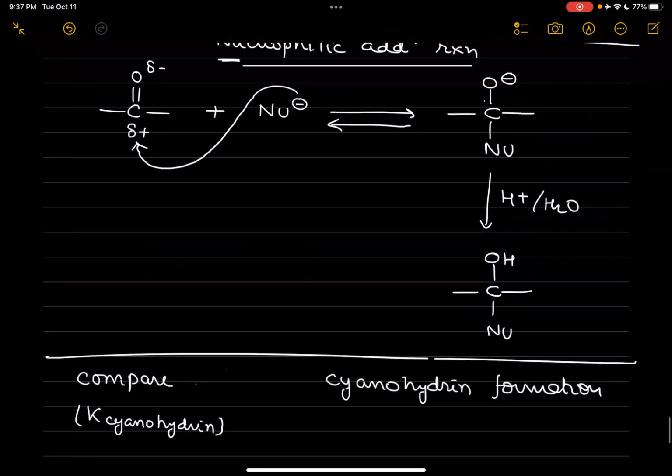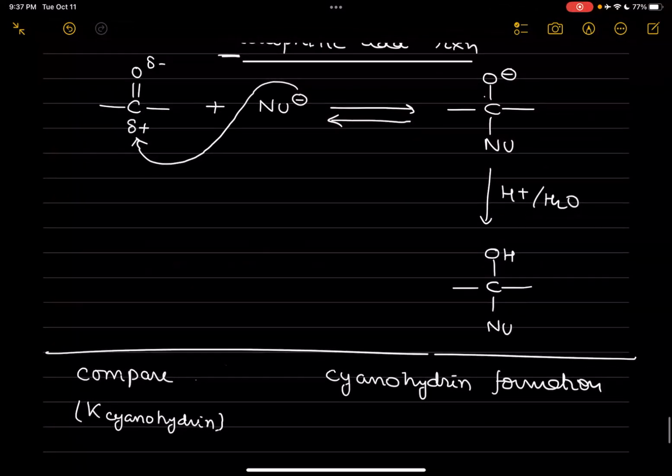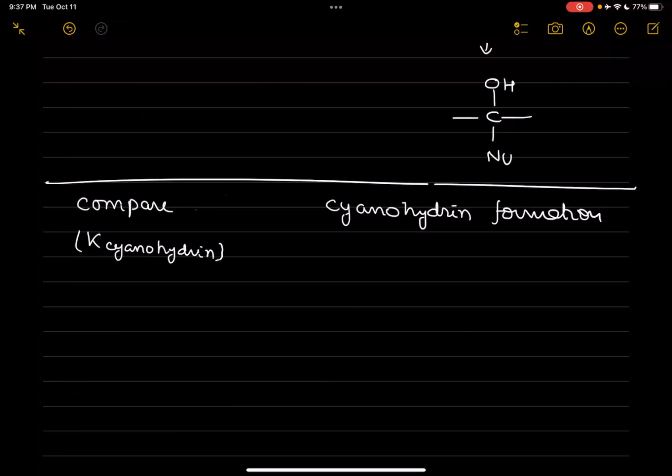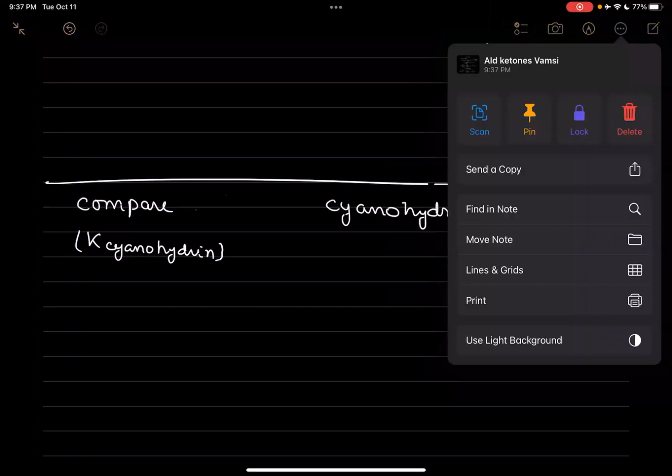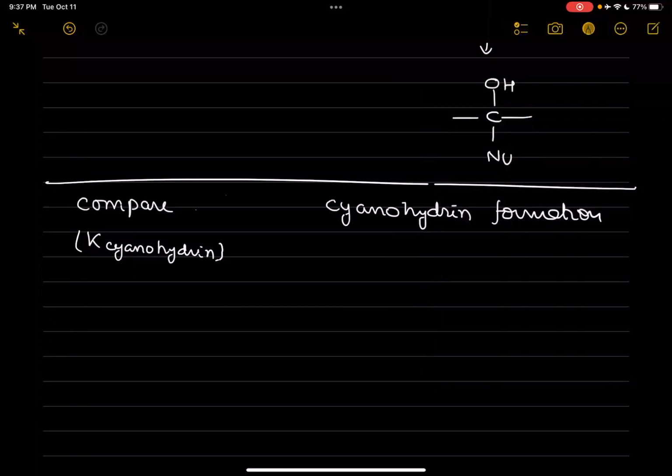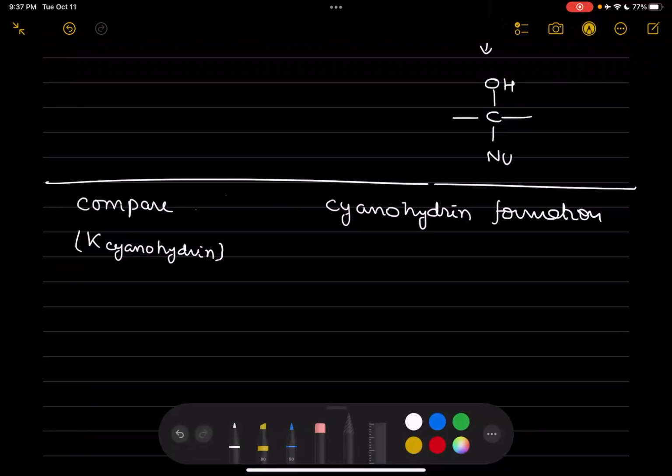You said Ka value. No, not Ka, actually K cyanohydrin, the equilibrium constant. Ka is for acids, not for nucleophilic addition. Yes, sir. Right? Actually, I wanted to say equilibrium constant value, K cyanohydrin, right?